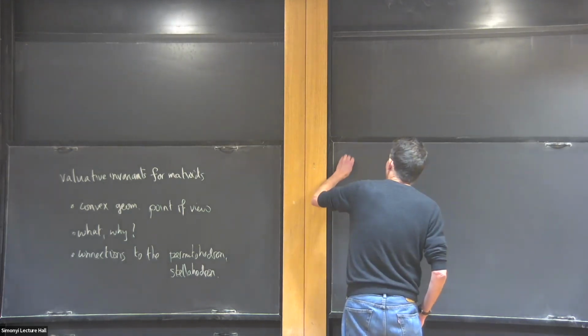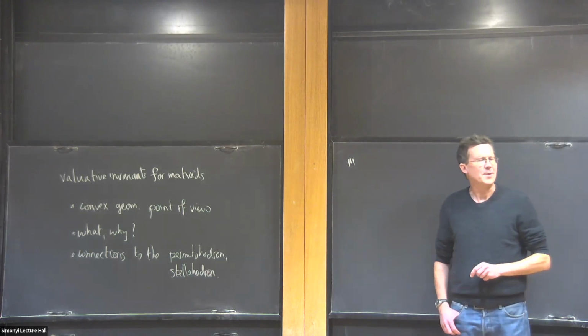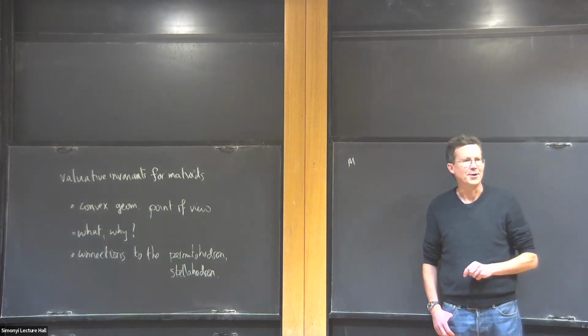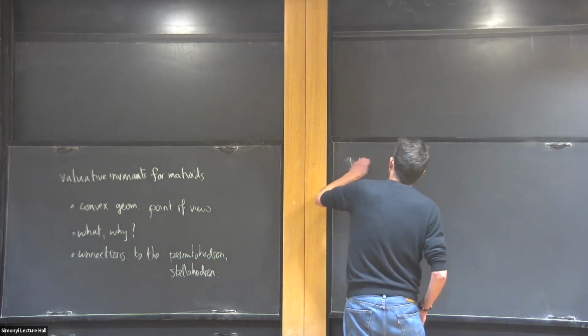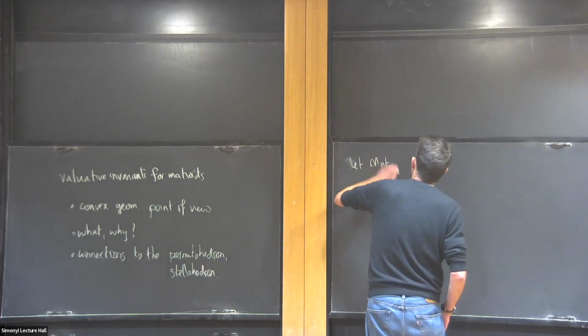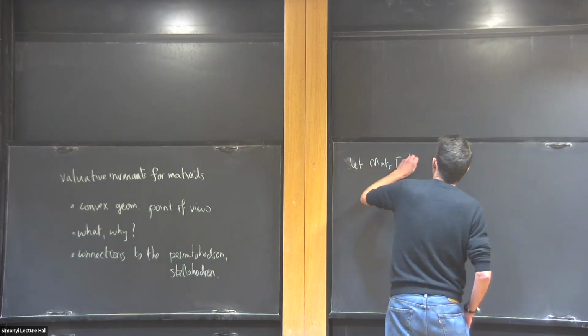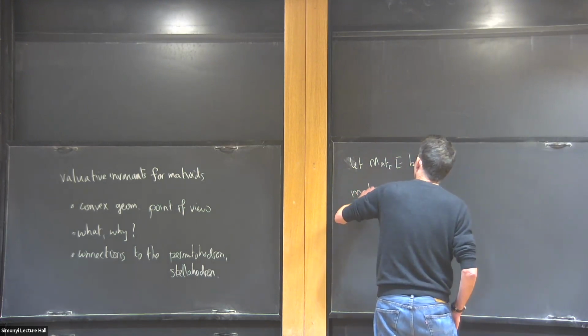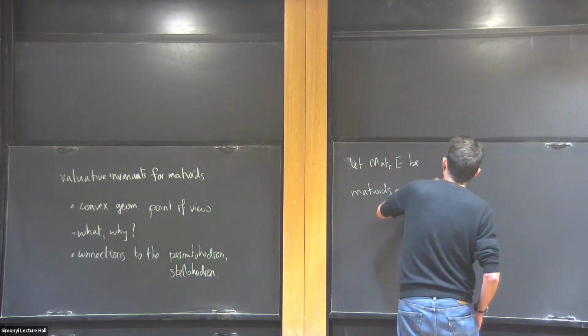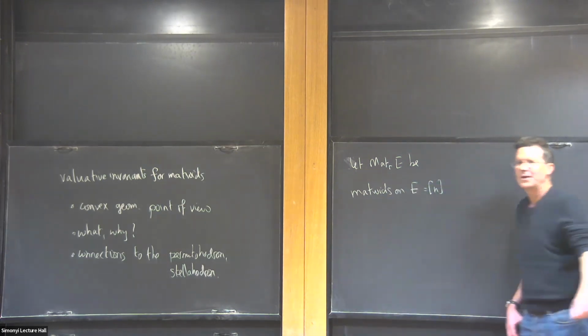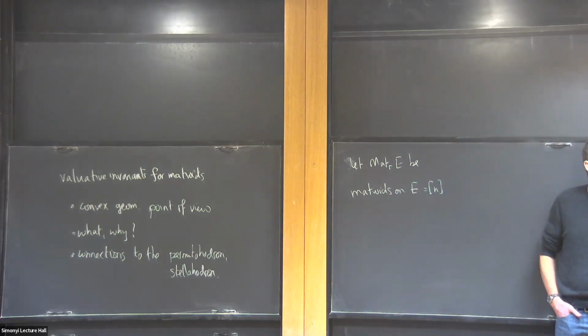So let's see. Do we define a matroid? Probably not. No. Okay. So my ground set, I want to call it E, but it's really the numbers from 1 to n.